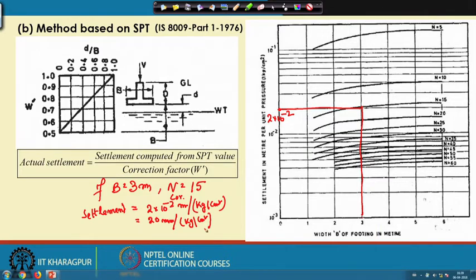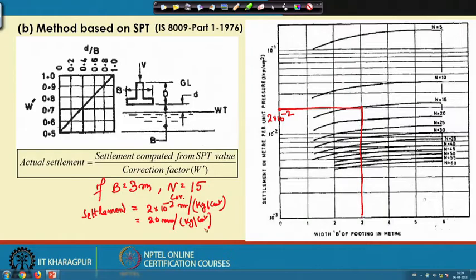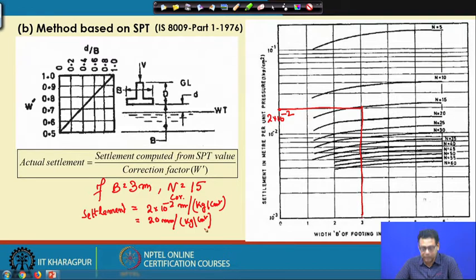Now, if the loading intensity of the foundation is 1 kg per centimeter square or 100 kilonewton per meter square, then your total settlement will be 20 millimeter. If the loading intensity is 2 kg per centimeter square or 200 kilonewton per meter square, then the settlement will be 20 into 2, 40 millimeter.